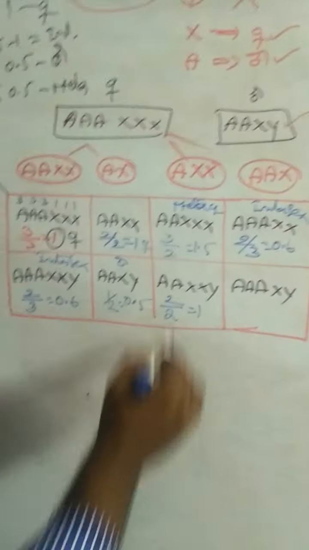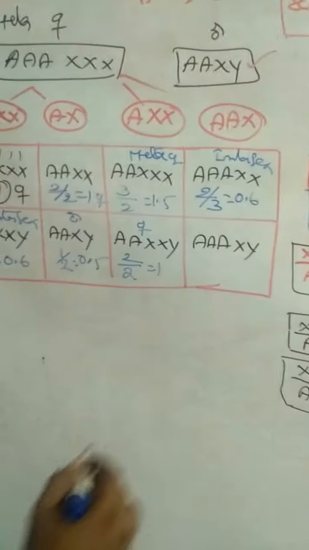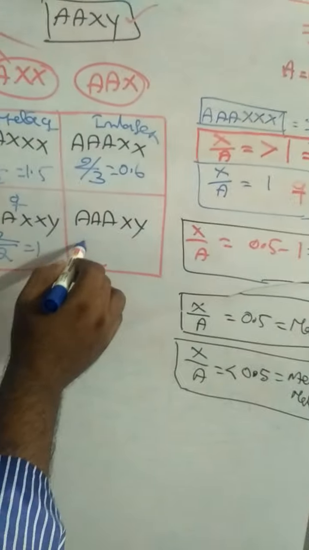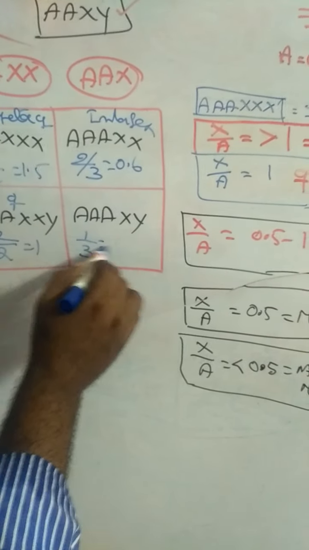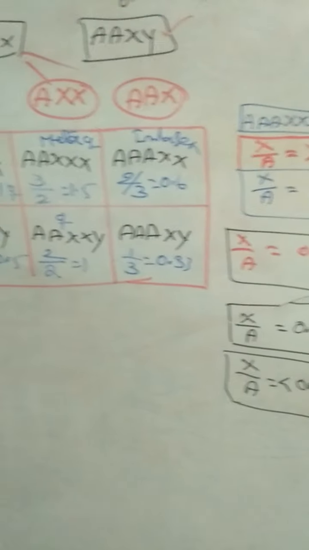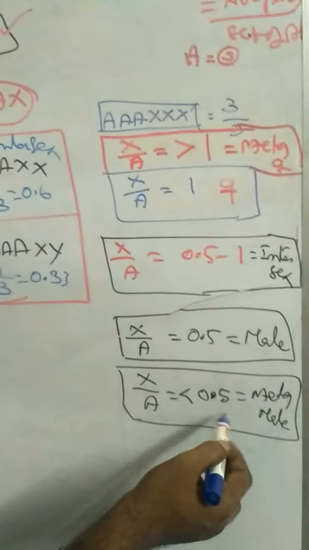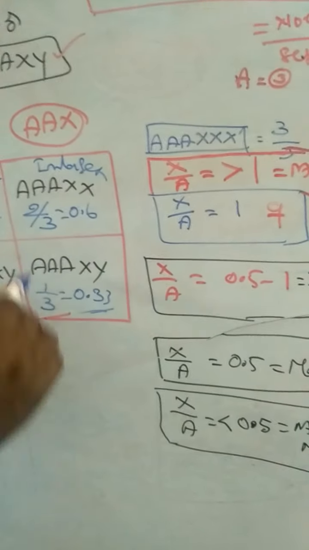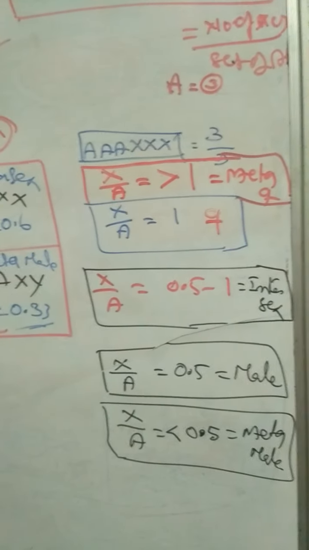Here X chromosomes 2 by 2 is equal to 1, it is female. And last one, X chromosomes 1 by sets of autosomes 3 is 0.33. Is this value between 0.5 and 1, or less than 0.5? Less than 0.5. It is a meta-male.